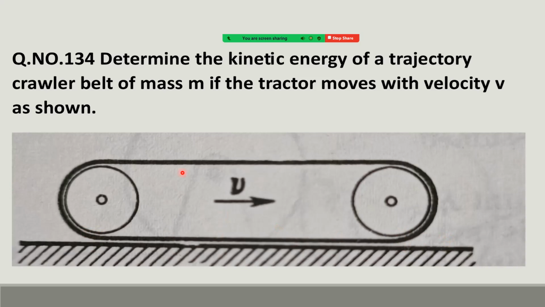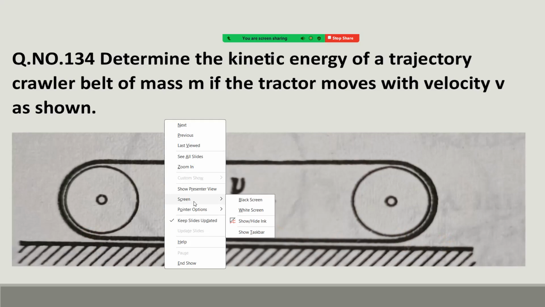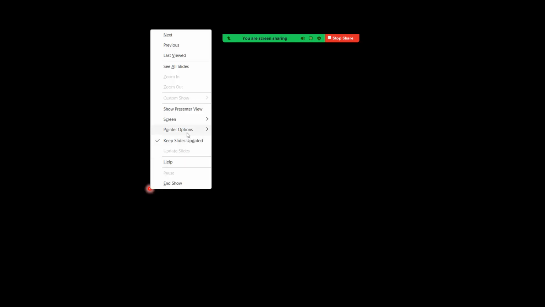Let us focus on how to solve it. So see the diagram given. This is a belt, and there is one wheel here like this.